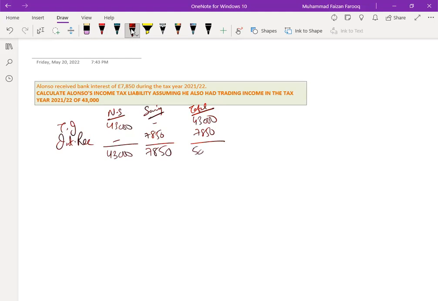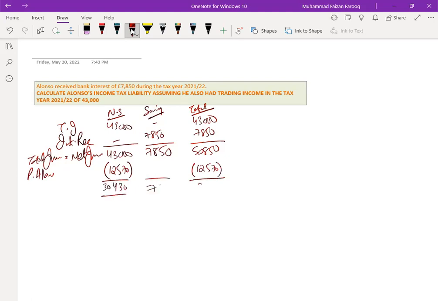50,850. Okay, very good. This will be my total income as well as net income, because there is no qualifying interest available. After that, we will deduct personal allowance, which is 12,570. It will give me the answer of 38,280.